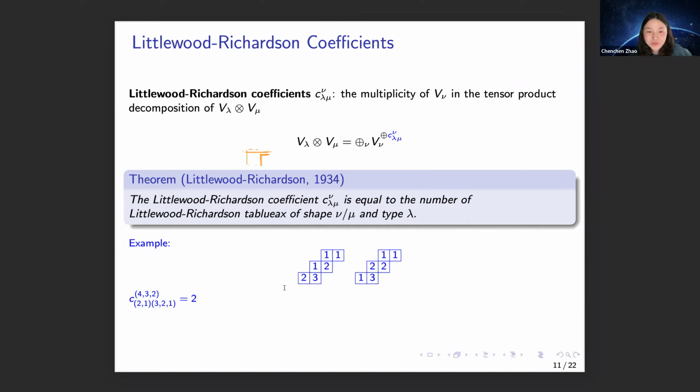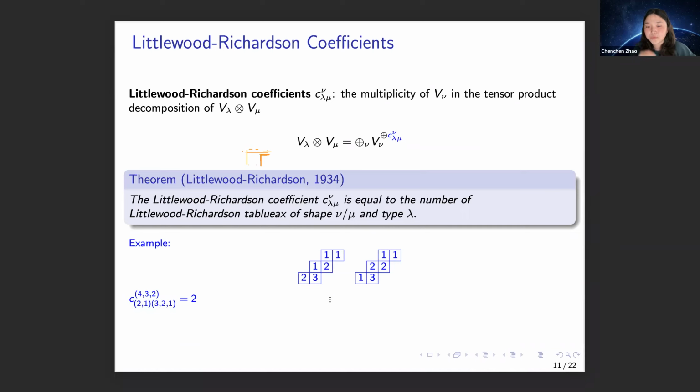So for instance, what are the Littlewood-Richardson tableaux? There are a few rules to it. First of all, it needs to be weakly increasing in rows and strictly increasing in columns. Plus, if you do the reverse reading word on it, that is, if you read off the tableau from right to left, top to bottom, so for instance the word corresponding to this tableau on the left is 1, 1, 2, 1, 3, 2, this word needs to be a lattice word.